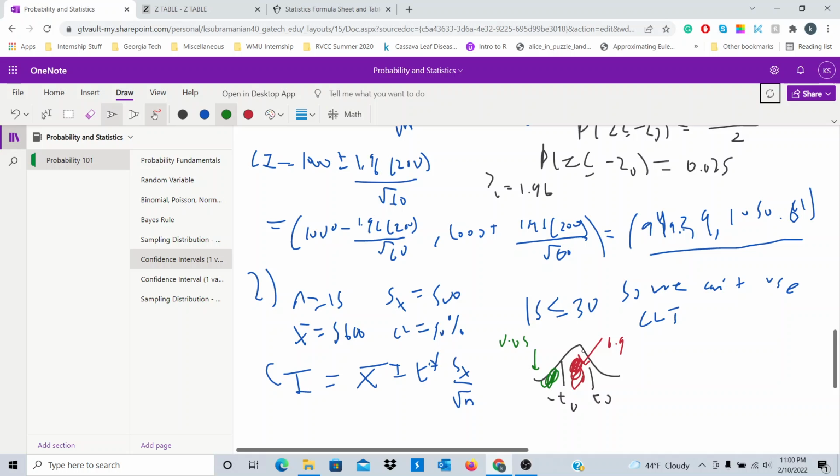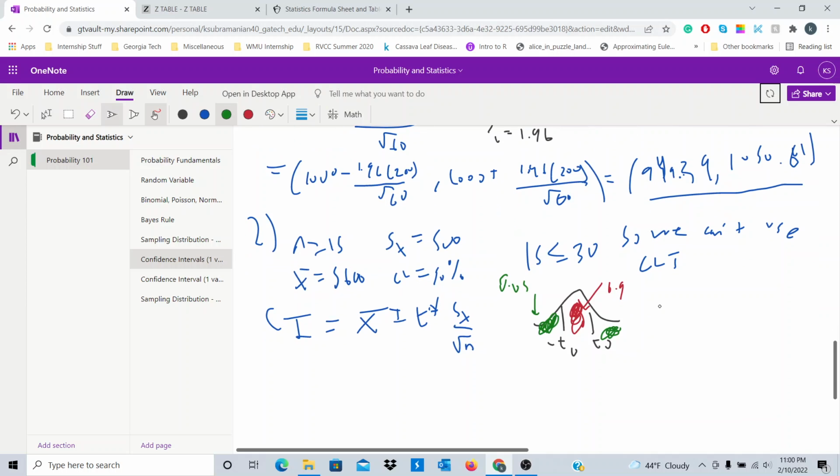Now, how did I get 0.05? Well, we know the area outside the red region in total is 0.1. And because the distribution is symmetric, we distribute the remaining area evenly. So this green area here is 0.05, and so is this region, by the symmetric nature of the t distribution.